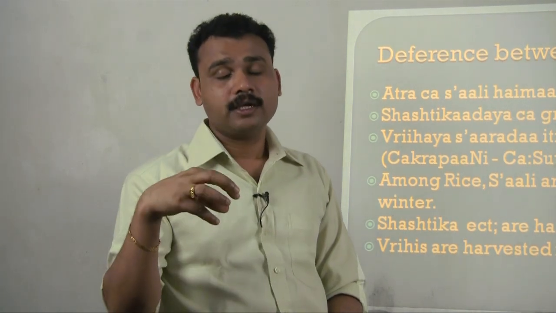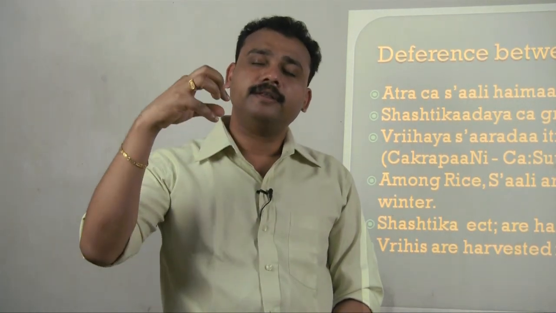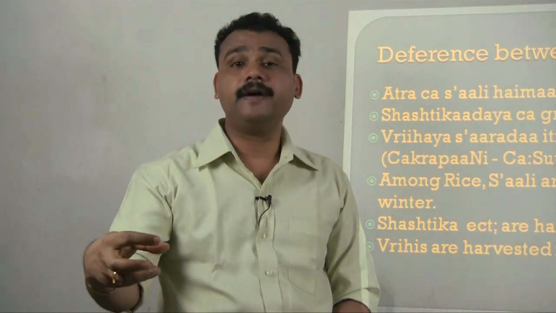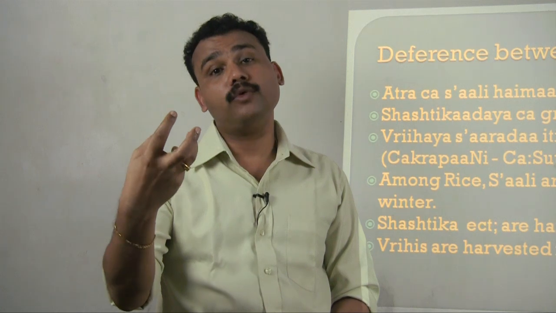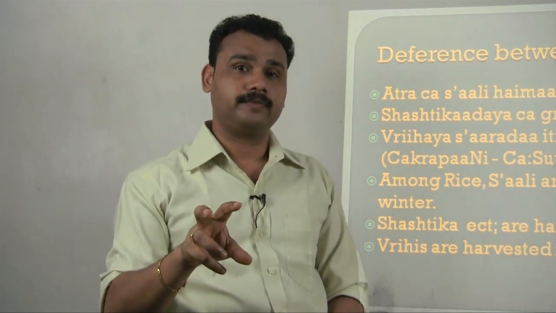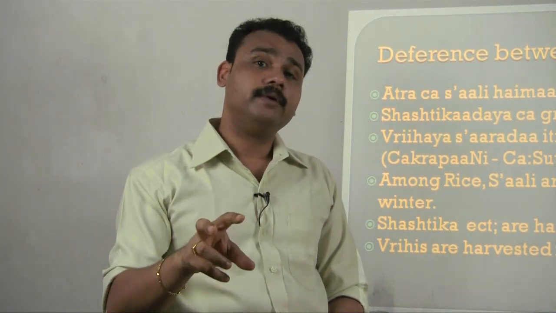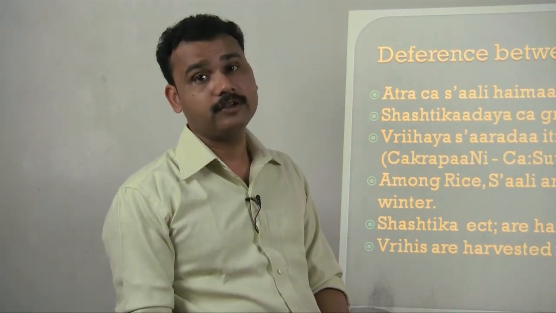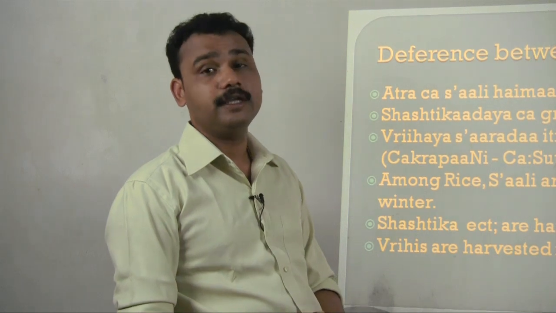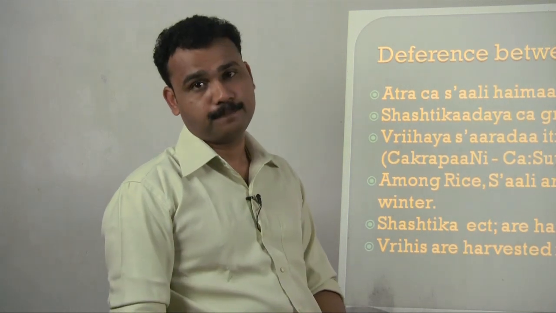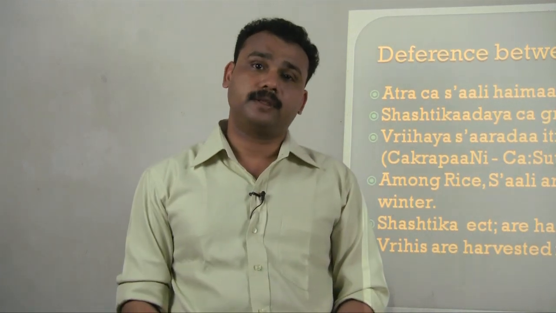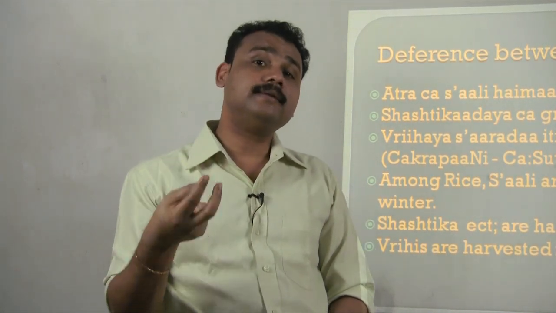When the rice is harvested in Hemanta, the properties are going to be different from when it is harvested, even of the same species, in Sharat. It is the difference in the season.